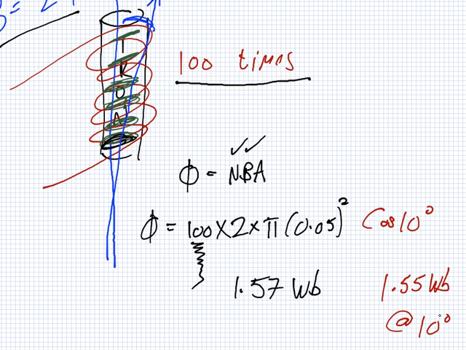You just look in the formula book, and it will have cos or sine in it for you. There's no thinking. You don't have to memorize the formula, it's in the book.